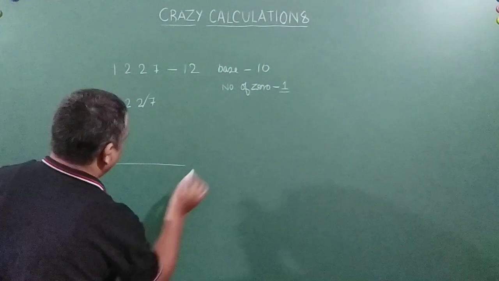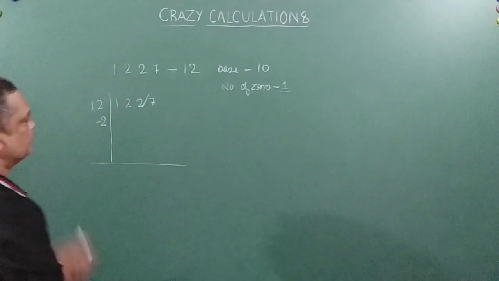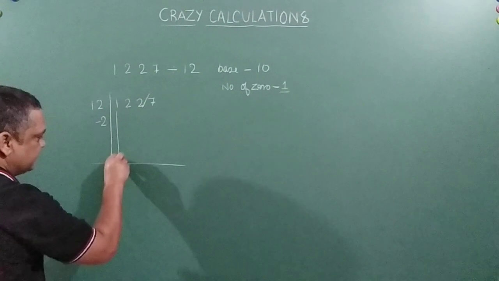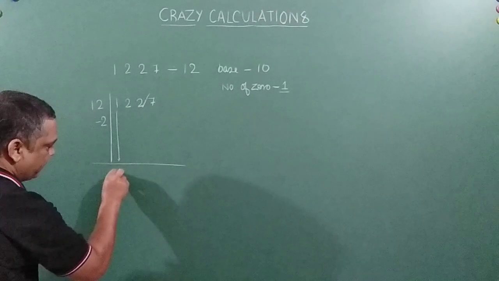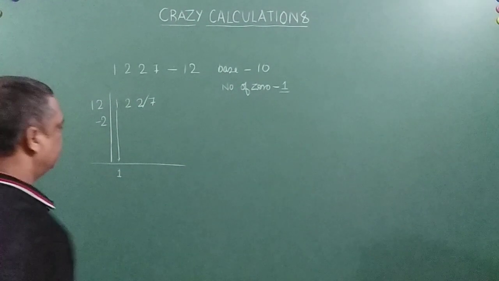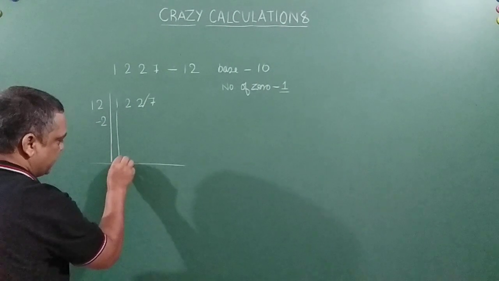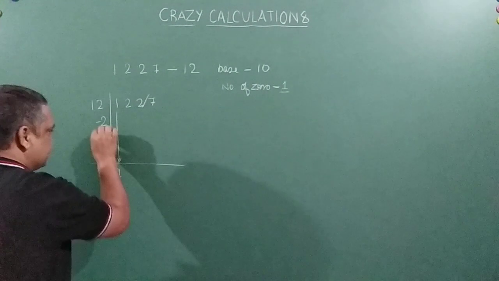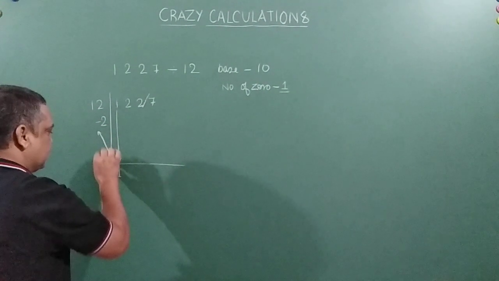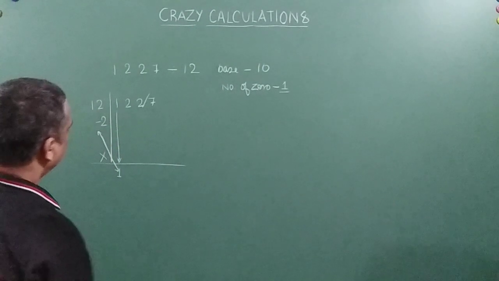Now, leaving some space, I draw a line. I pull down the first digit as it is, as we did in the last class, right? Now this digit I have just pulled down like this. Now this and this again multiplication, as in the last class.